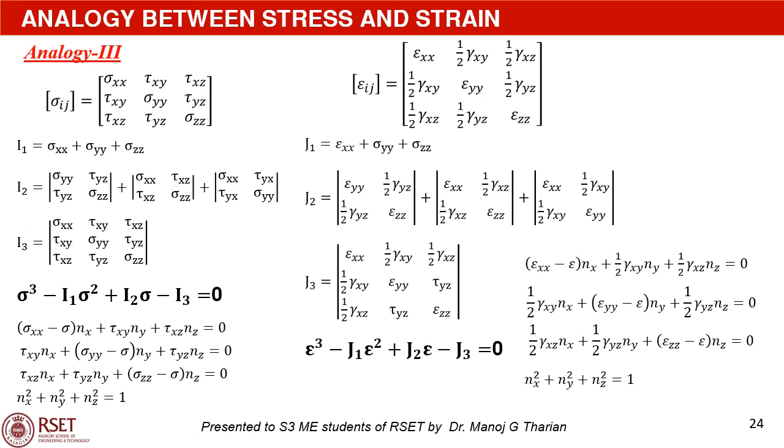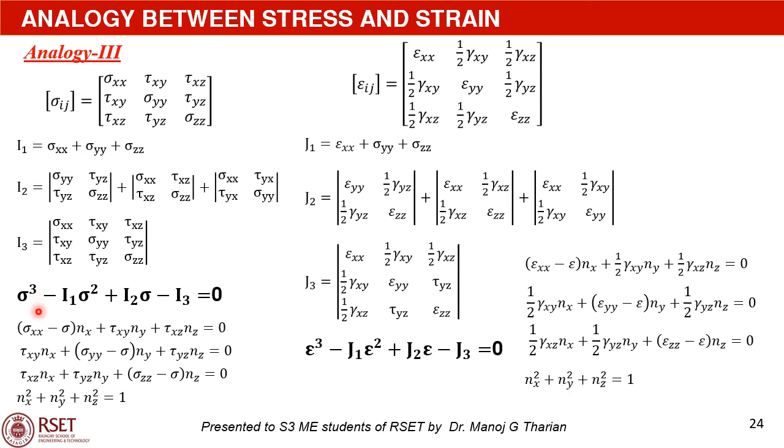Analogy 3 is the analogy between principal stress and principal strain. If we are given the stress tensor at a point, we can find out the stress invariants I1, I2 and I3 using these relations.